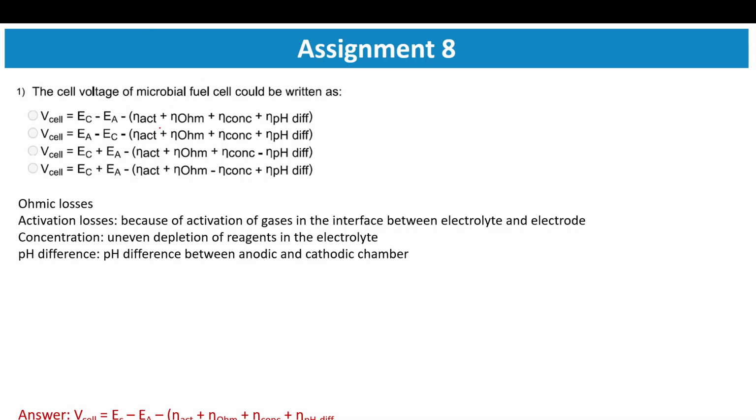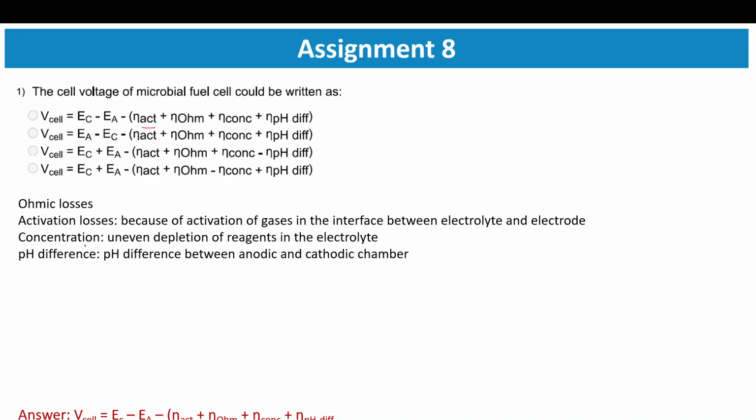ACT is nothing but the losses which incorporate the activation of any sort of gases, because there will be gases like CO2 and O2. So activation of those gases at the interface between electrolyte and electrodes, there can be some utilization. So that is activation loss.